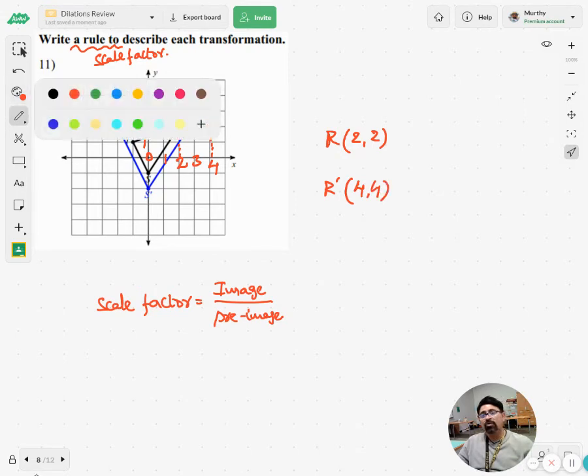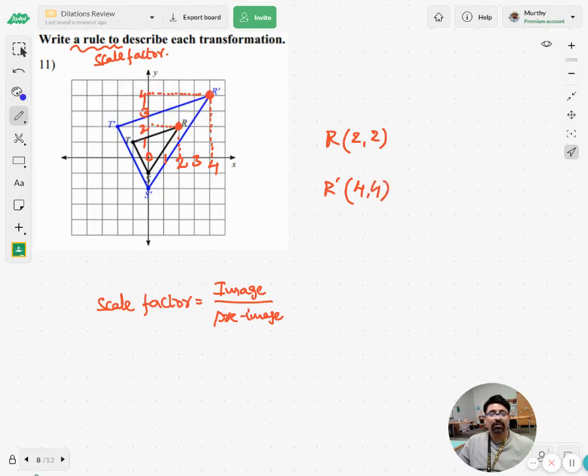So by looking at the question itself, you can say how many times? 2 times 2 gives me 4, so I can say that the scale factor is simply 2 here. Otherwise, if you want to follow the same traditional way, image over pre-image.